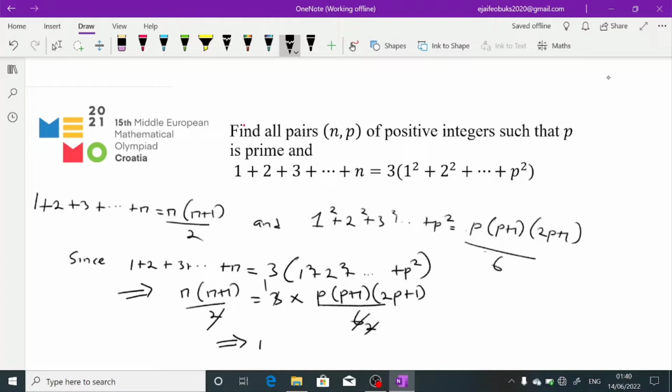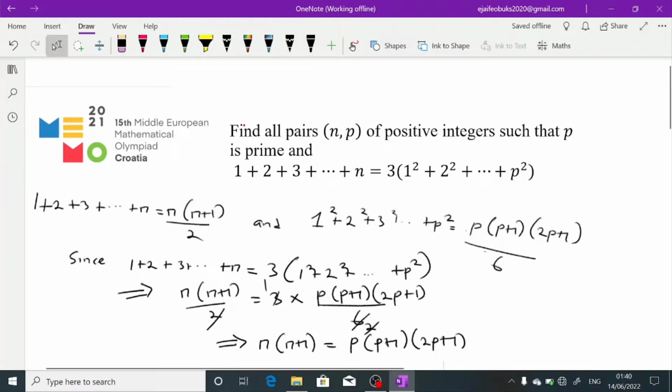Then I have that n(n plus 1) is equal to p(p plus 1)(2p plus 1). Okay, so we have that.